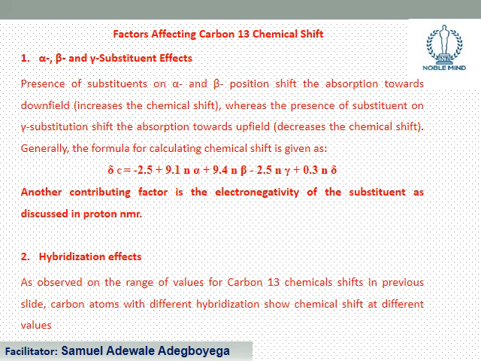You have this formula: 2.5 plus 9.5 times the number of alpha carbons, plus 9.4 times the number of beta carbons, minus 2.5 times the number of gamma carbons, plus 0.3 times the number of theta carbons. As a chemistry student, I hope you should be able to understand what alpha carbon and beta carbon are.